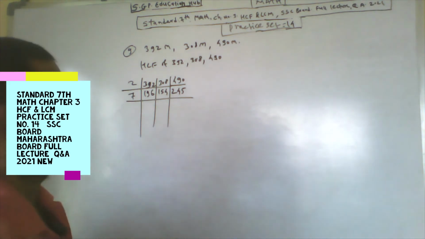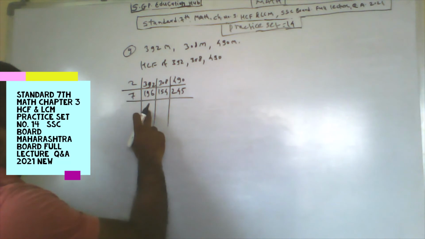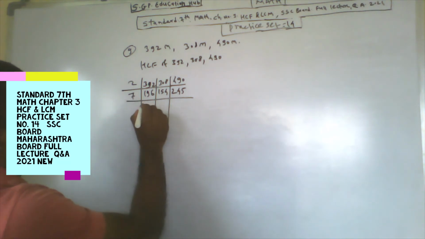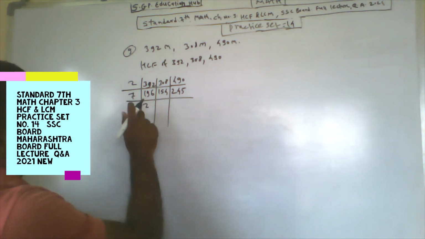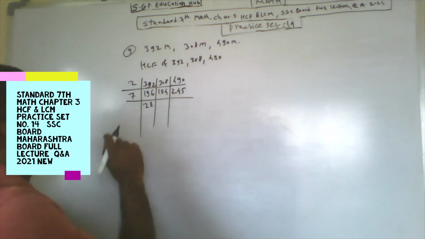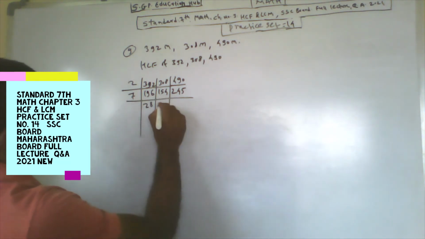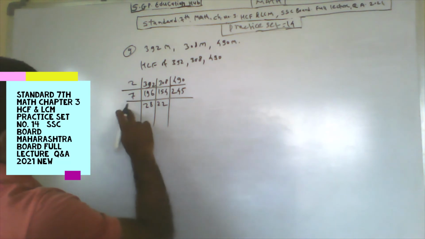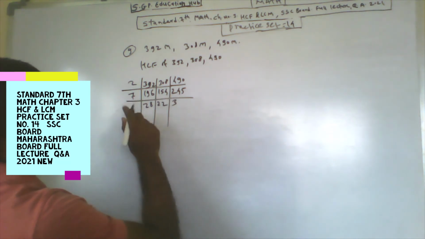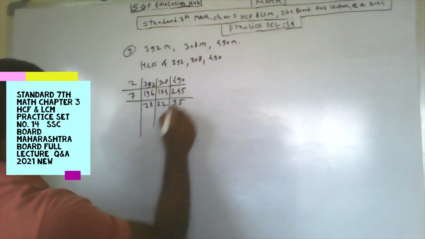The test of 7 passes here. 7 2s are 14, 7 8s are 56, 7 3s are 21, and 7 5s are 35.